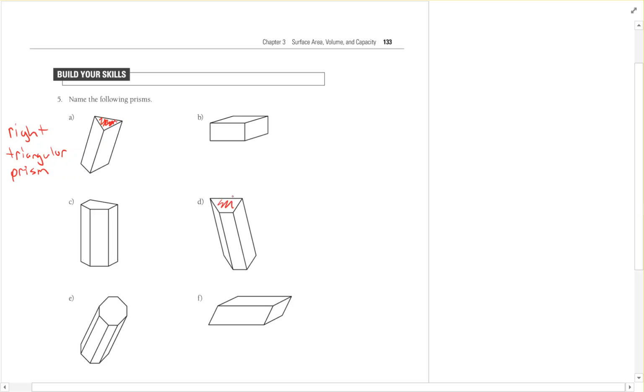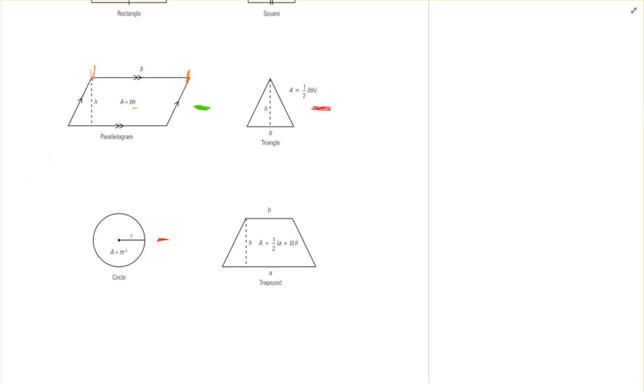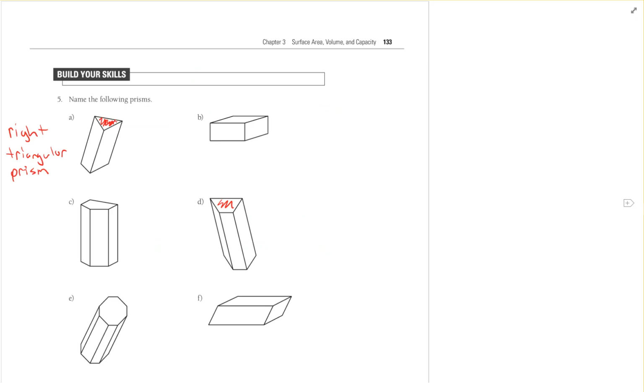D, we've got 4 sides. But if we look back to our formula sheet, we have a name for a shape like that where both sides go inward like that. It's called a trapezoid. So this is going to be a right. It's still right because, actually, no. I guess this one's more oblique.